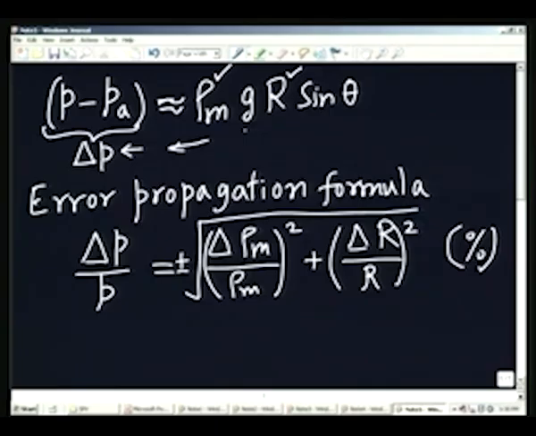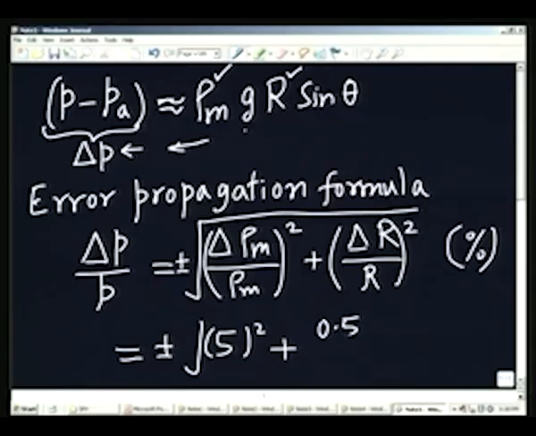Both the left hand side as well as the right hand side will be in percentages, and all I have to do is, this is 5%, 5.0 whole squared, plus delta r by r is 0.5 millimeters divided by 150 into 100 whole square.